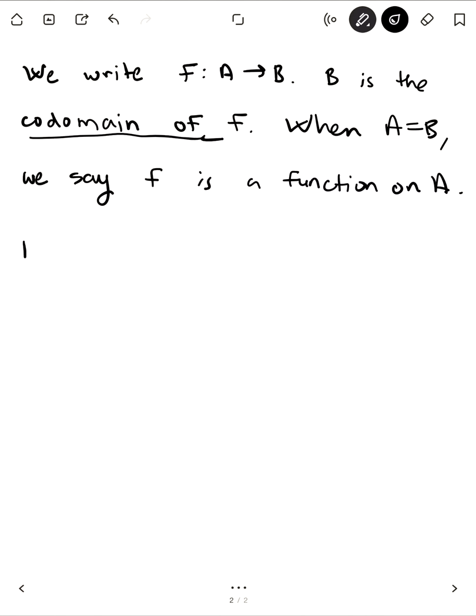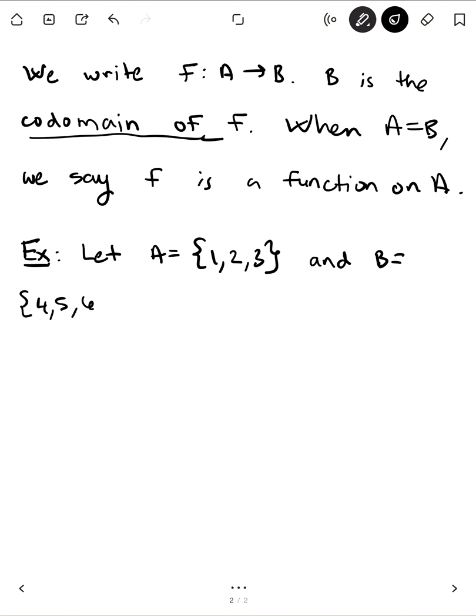So let's just quickly go through an example here. So let A equal the set 1, 2, 3, and B equals 4, 5, 6.